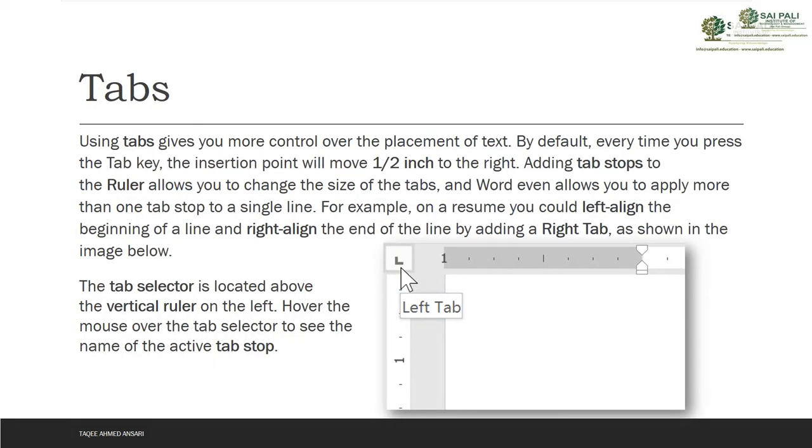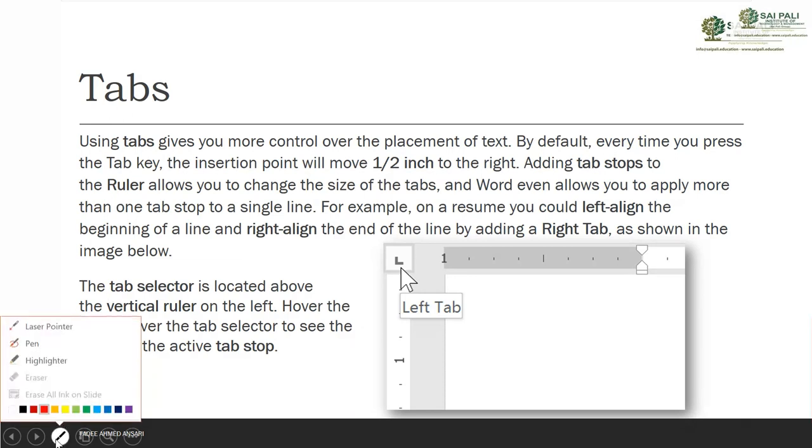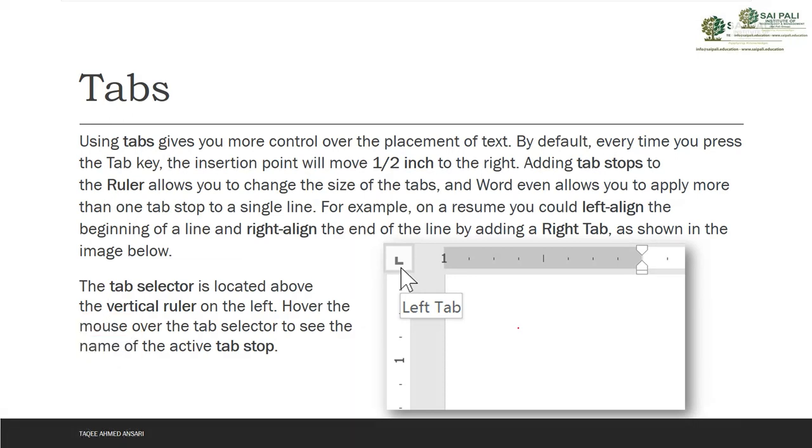Now today we will continue from there and see what tabs are. Using tabs gives you more control over the placement of the text. By default, every time you press the Tab key, the insertion point will move half an inch to the right. Adding tab stops to the ruler allows you to change the size of the tabs.